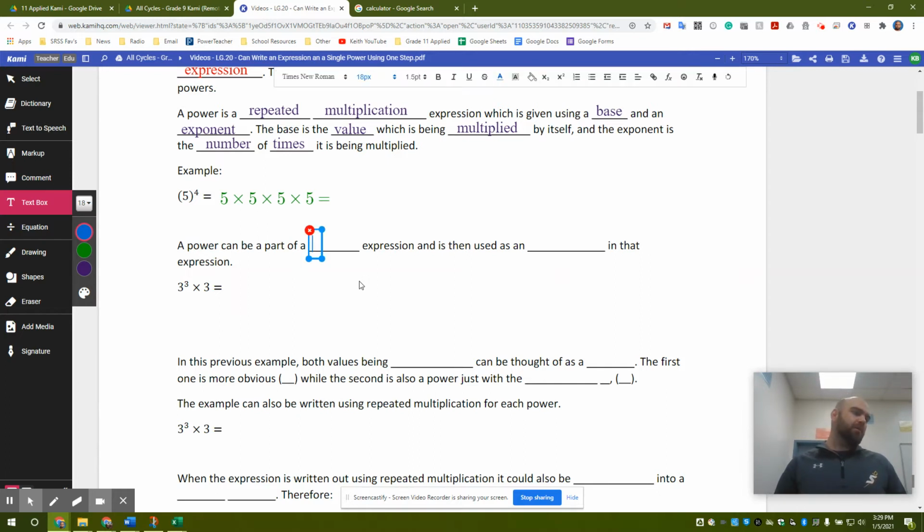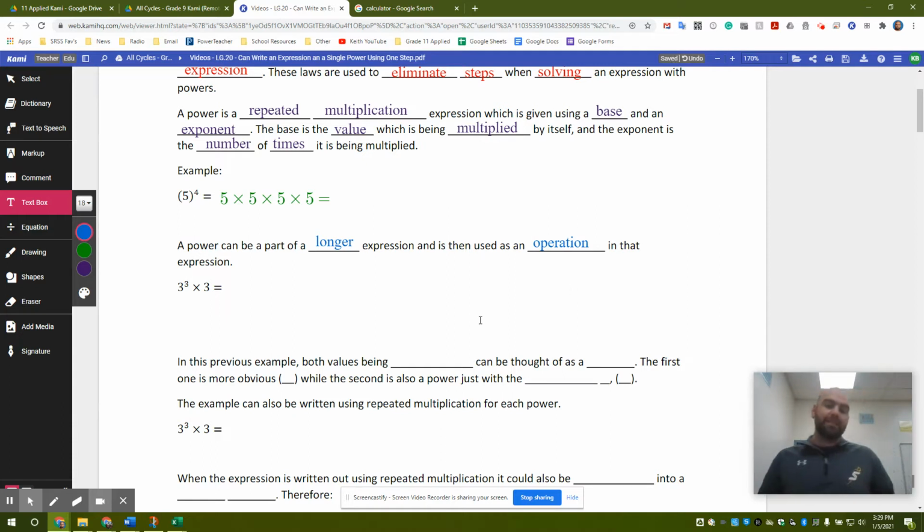Now, a power can be a part of a longer expression as well, and we can have multiple powers, and multiplication is then used as an operation in that expression, just like we did in learning goal 19, where we were trying to solve expressions using powers. Here it's going to be something very similar, but we're going to end up trying to find ways of simplifying things.